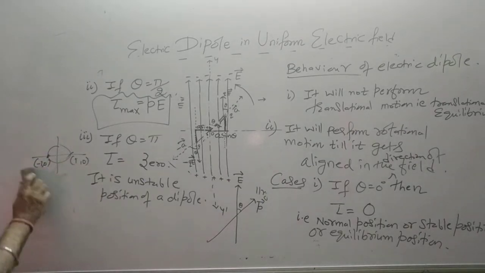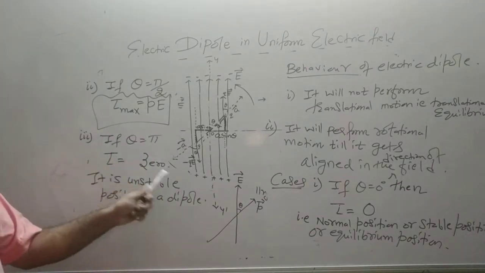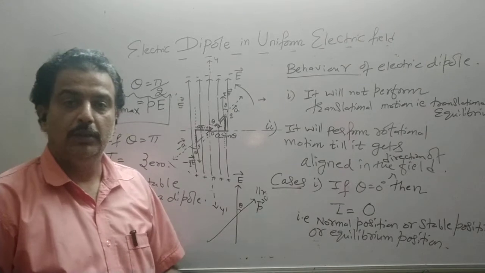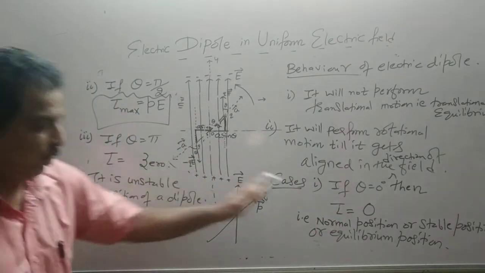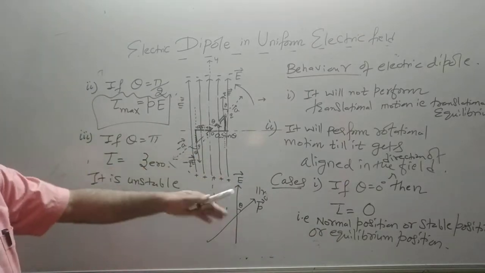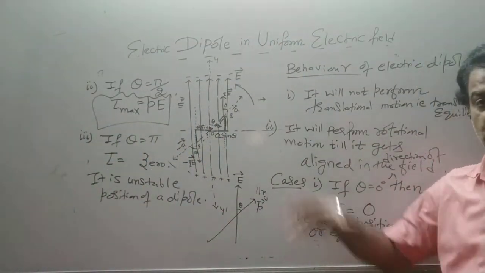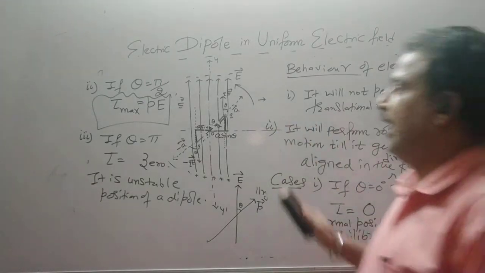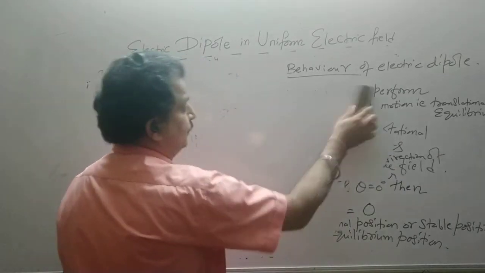So it is the unstable position. So if I keep theta equal to 180 degree, again the torque acting is 0. Here also the torque acting is 0. So at angle 0 it is normal position or a stable position. At 180 it is an unstable position of a dipole. So these are the cases of a dipole in uniform electric field.